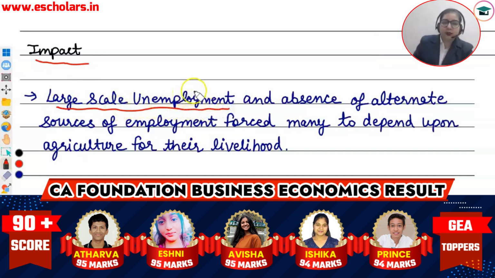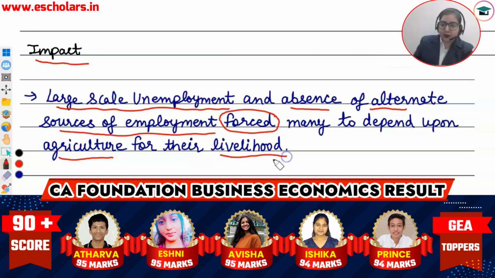That is, it created rampant unemployment in the economy, and it basically led to absence of alternative sources of employment. This basically forced the people to move towards the agriculture sector for their livelihood, or you can say for earning in order to support their livelihood.